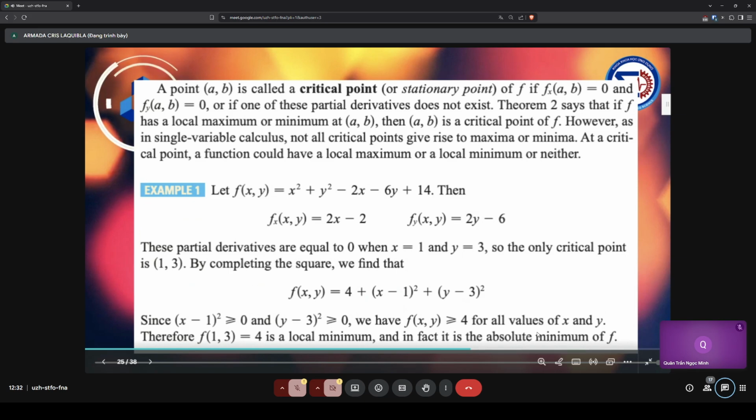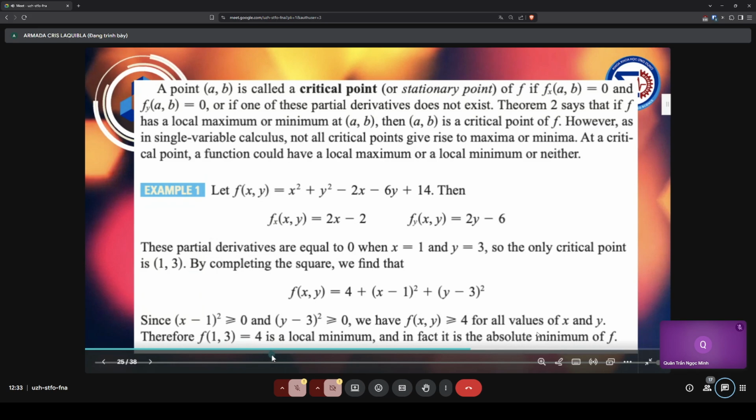Then you will say, why is it the minimum? Your f of (1, 3) is equal to 4. What we did is we got the critical point already, which is (1, 3), and then we substituted it in our f. The answer there is 4.